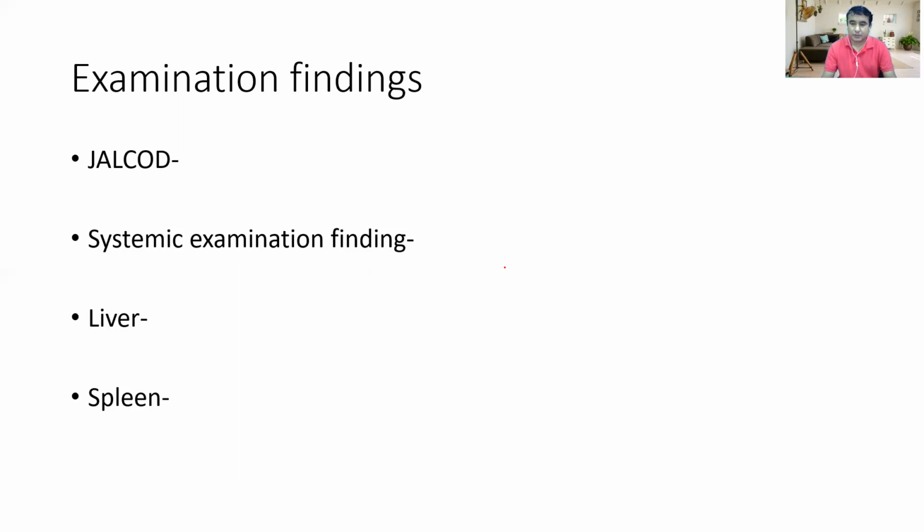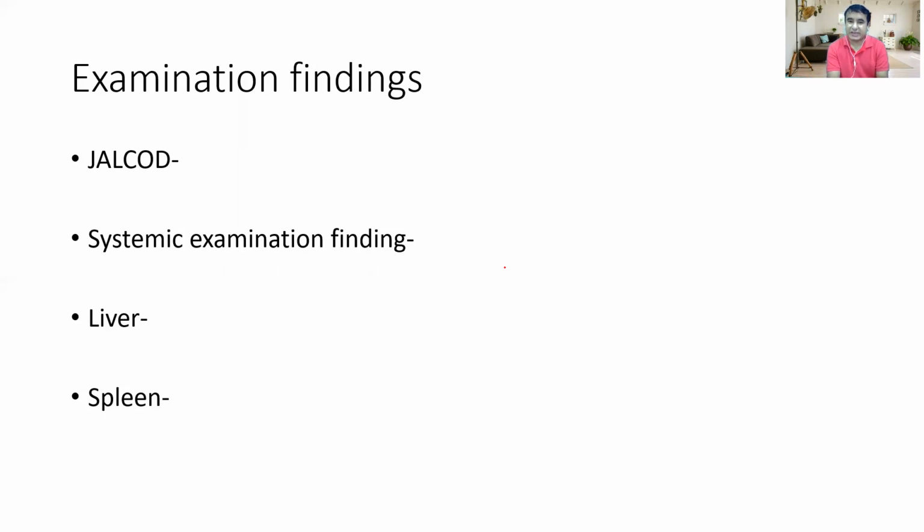Because our liver has the capacity to metabolize bilirubin 8 times its normal limit. So if you produce more bilirubin, it can be metabolized by the liver if the liver is functioning properly. That's why you are not going to see deep jaundice, you are going to see faint jaundice.